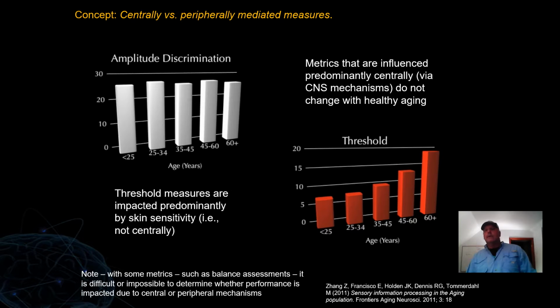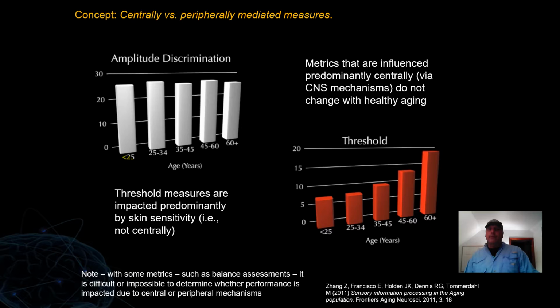So it's worth noting differences between centrally and peripherally mediated measures. Okay, so this is simply because this is a place to talk about amplitude discrimination. And what you see on the left is the amplitude discrimination plot. And what it's showing is that basically amplitude discrimination stays very constant for all age groups as long as you're healthy.